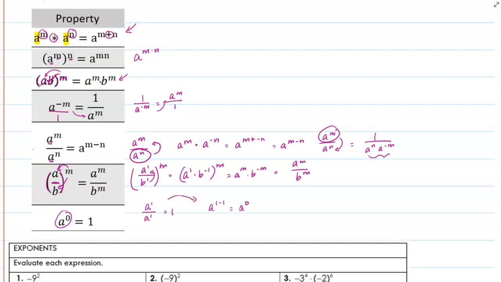So that'll be a to the 0. The number that you get when you multiply the base by itself is 1, because it reduces down to 1. When we reduce something in a fraction form, 2 divided by 2 is not 0, it's 1.